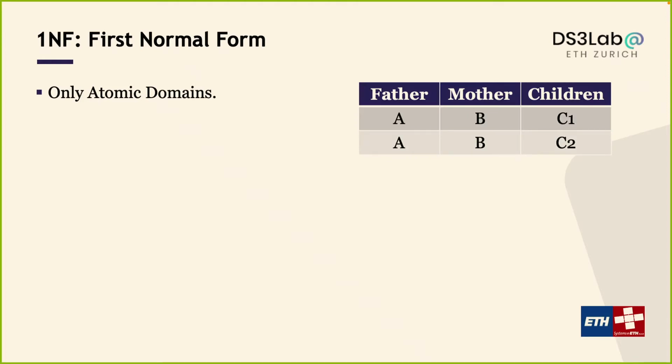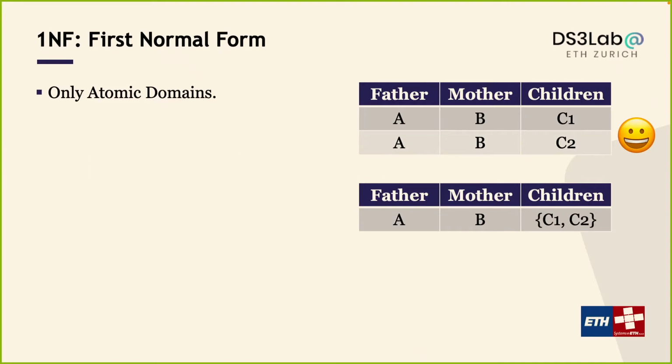By atomic domain, we mean that every single value of every single cell in a relation needs to be an atomic value. It's something you cannot tease apart. It can be an integer, a string, a categorical variable, all those types of things, but it cannot be a set, an array, or a list.